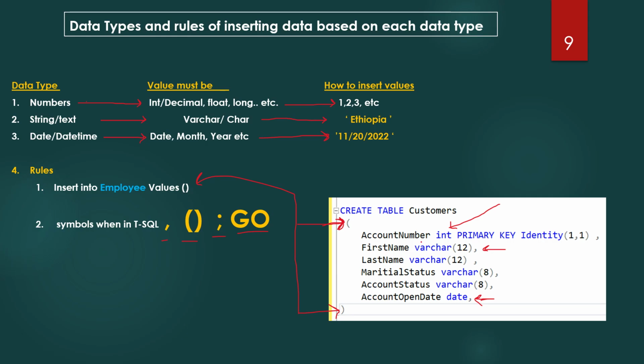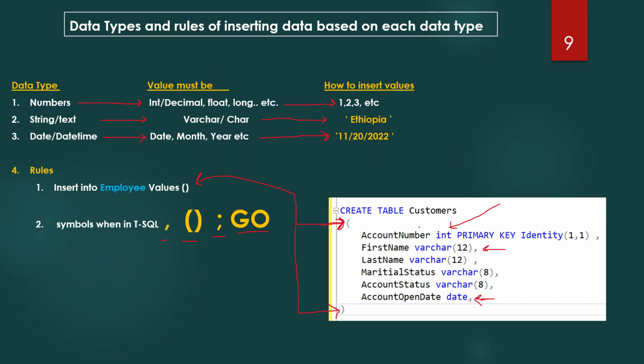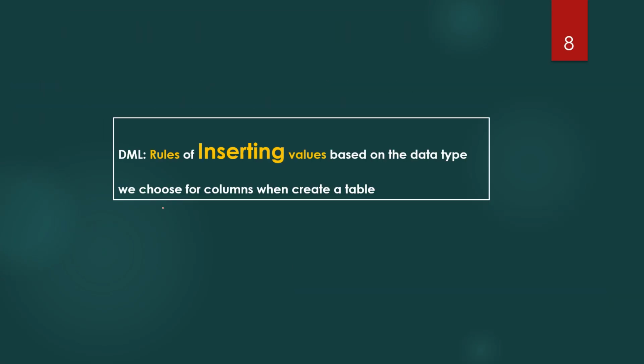Then we use varchar so it can auto shrink. Last name is pretty much like that, then marital status varchar 8, account status, and then date. When the person decides on date, you pick just date so that the developer will know which date format. And the other rules that you need, we can talk about.